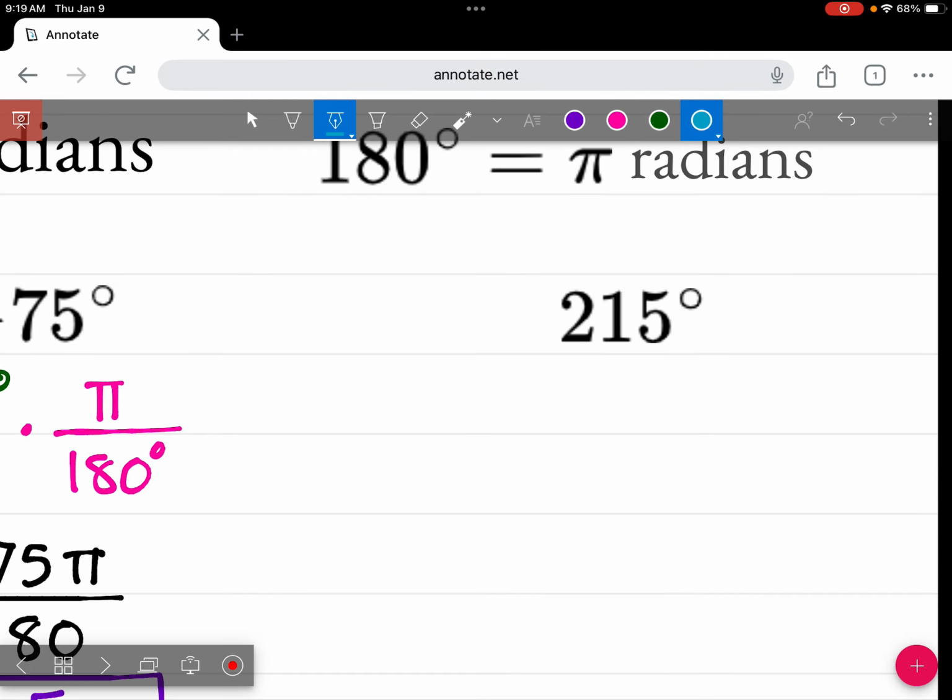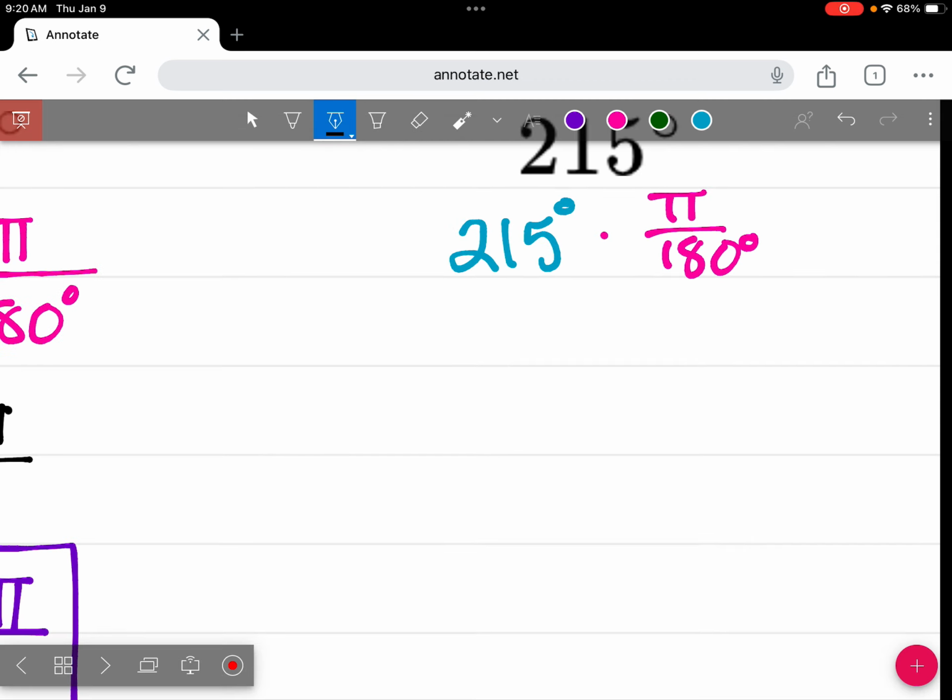All right, one more this direction. So we're going to take 215, same vibe. We're taking our 215 times pi over 180. That's 215 pi over 180.